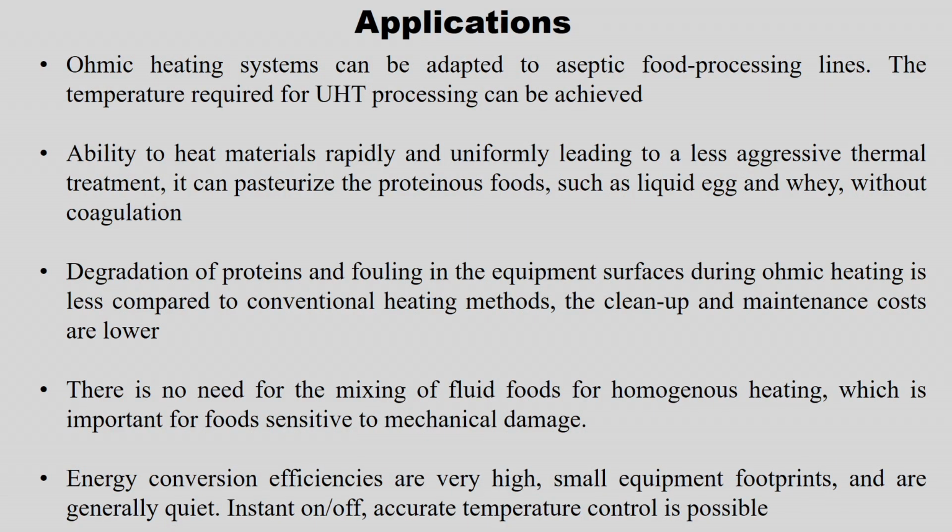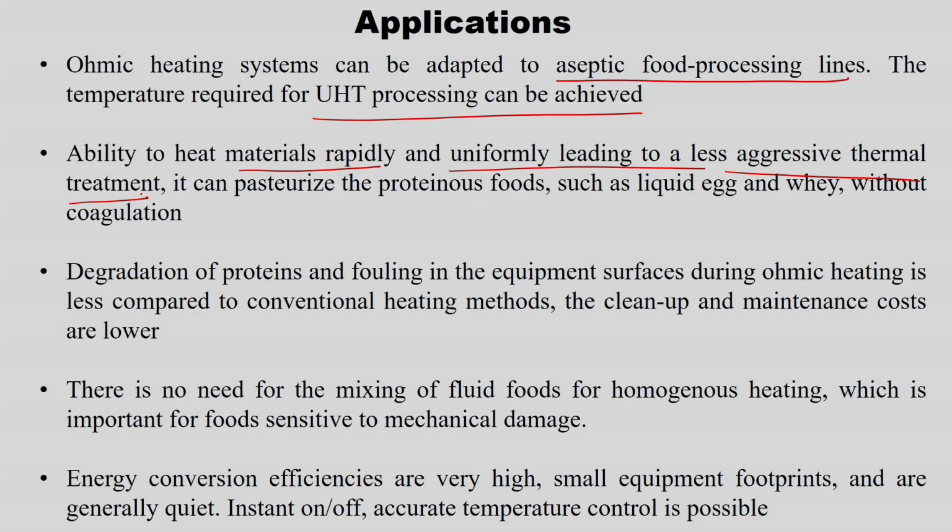As for the applications, the ohmic heating system can be adapted to aseptic food processing lines. We have already said pumpable fluids, and the temperature required for UHT processing can also be achieved using ohmic heating. Ability to heat materials rapidly and uniformly leads to a less aggressive thermal treatment.